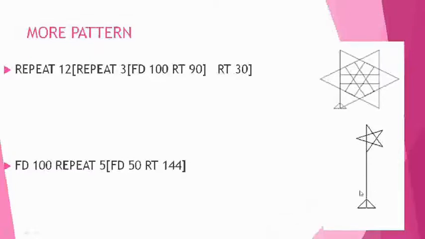So to draw this straight line, what do we use? FD 100. Then for drawing these stars, what were we doing? Repeat 5, FD 50, RT 144. If this FD 50 and RT 144 works 5 times, one star will be created along with this handle.